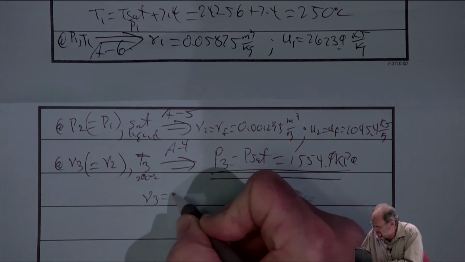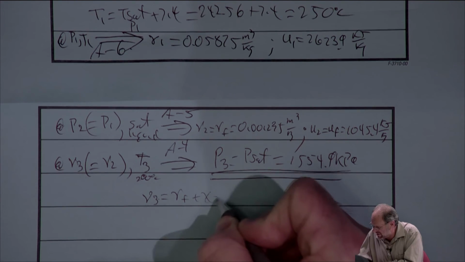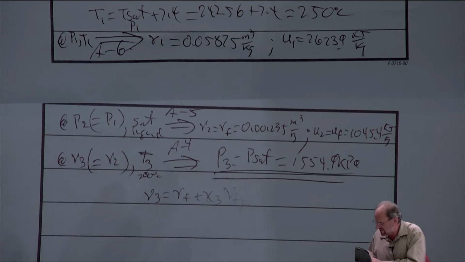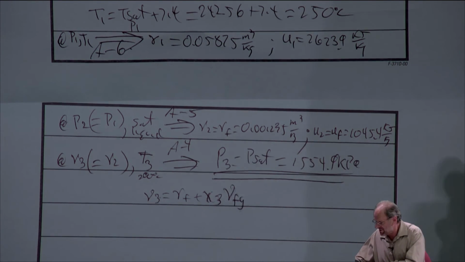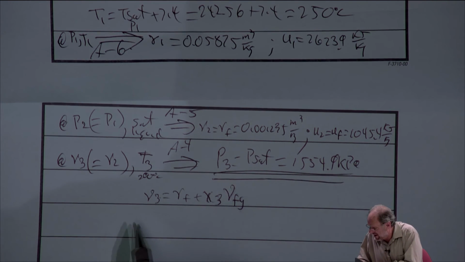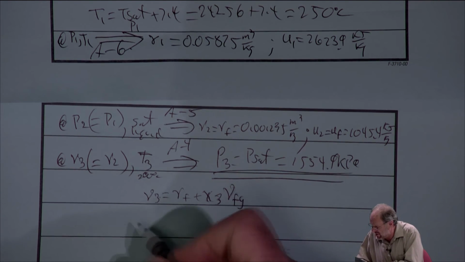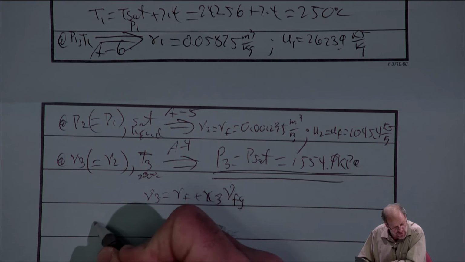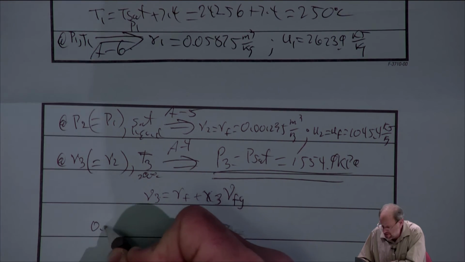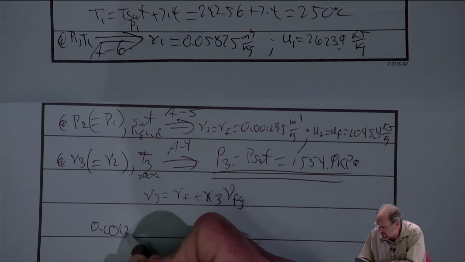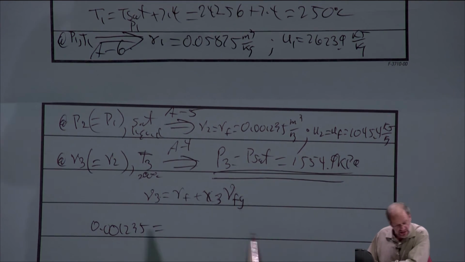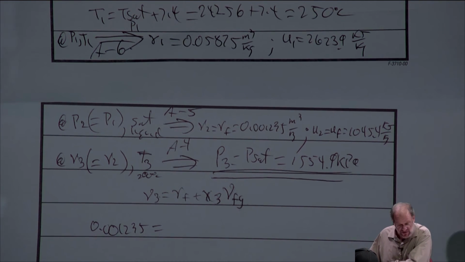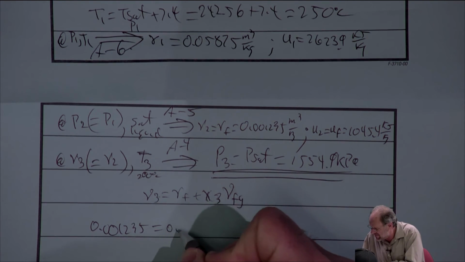To find the quality, I'm going to have to use the specific volume data for the two-phase mixture. V3 is VF plus the quality at 3 times VFG. So this is how we find the quality. V3 is V2, it's known to me, so this is just 0.001235. At 200 degrees Celsius, VF can be looked up, and VF is 0.001157.